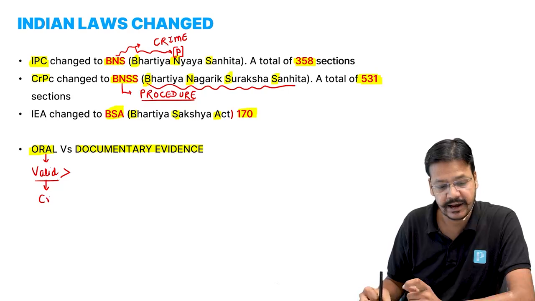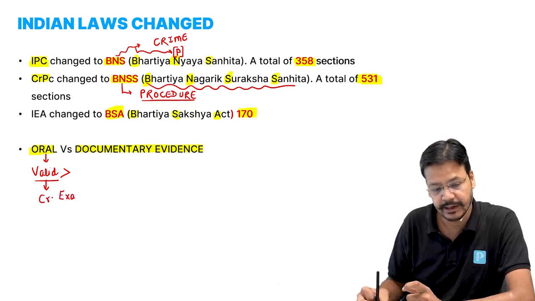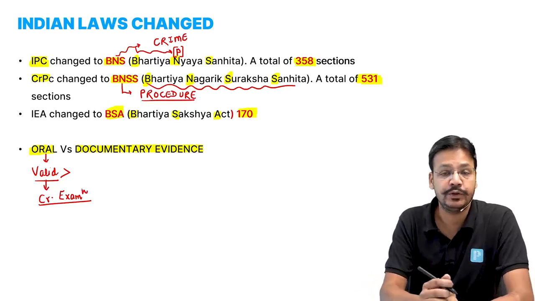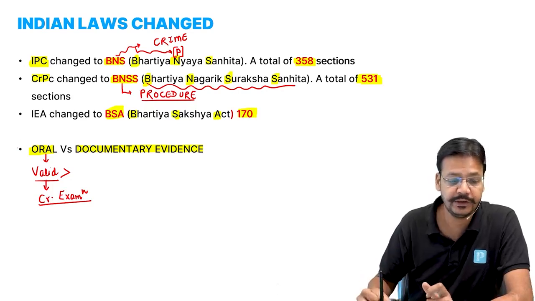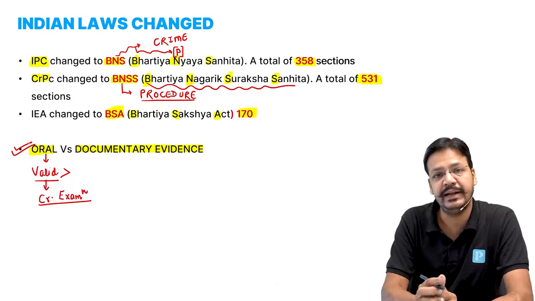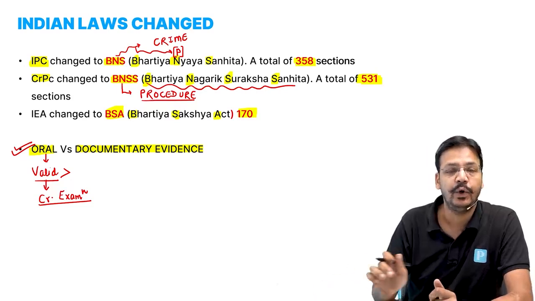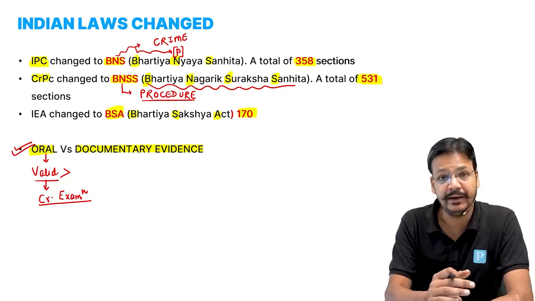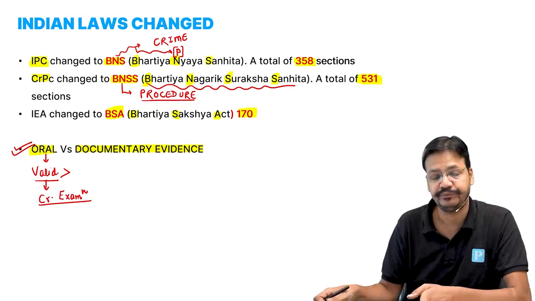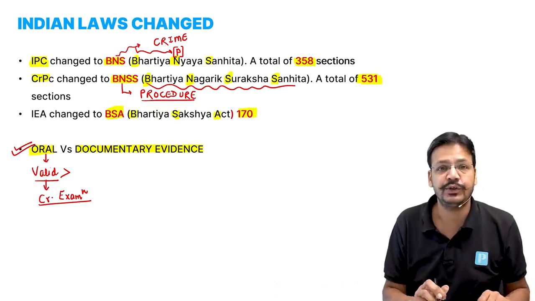The cross-examination is very easy, because once you attend the court, you are going to be cross-examined. So if you get a question, which is more valid evidence, the answer will be oral evidence. In place of documentary, the better evidence is oral evidence.